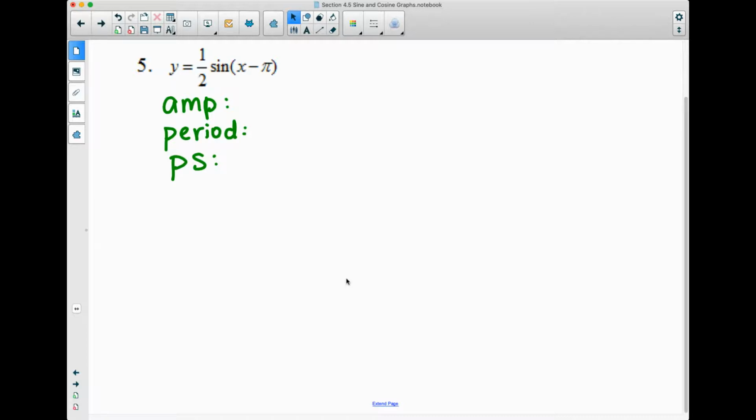And I'll show you the 2 different ways they want you to write the phase shift. Just depends on who's grading. But if you're taking a multiple choice test for the state test, it'll be obvious.